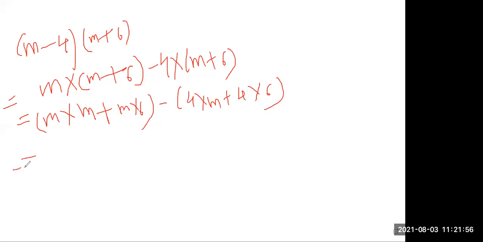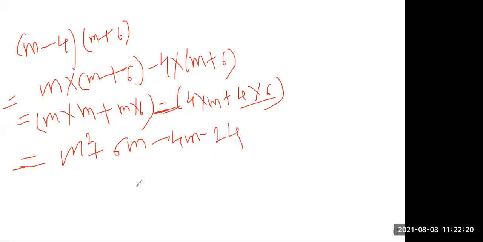What do I get here now? m into m is m square, plus 6 into m is 6m. Due to this negative sign, what will happen? 4 into m is plus 4m, but the negative sign means it will become minus 4m. Then 4 into 6 is 24, but outside we have a negative sign, so minus 24.